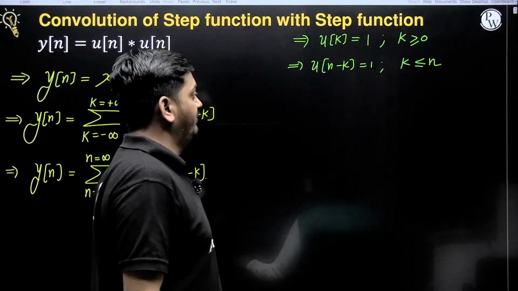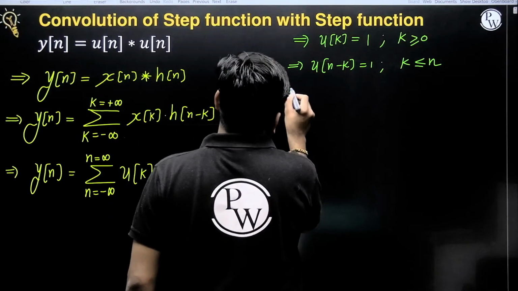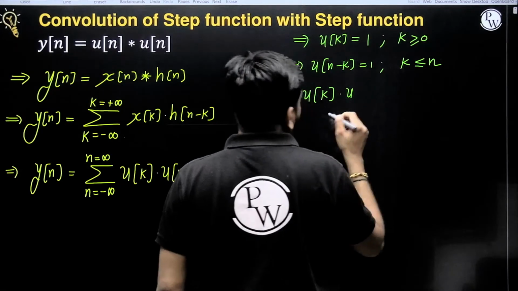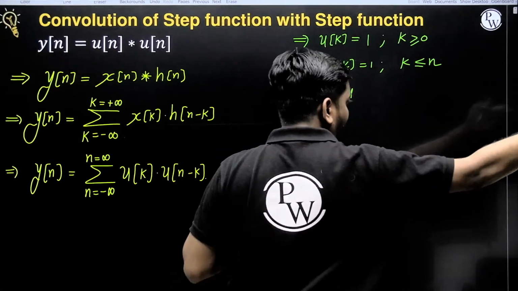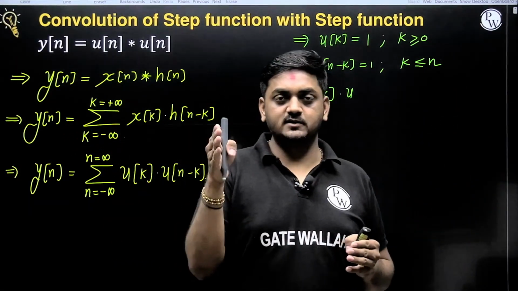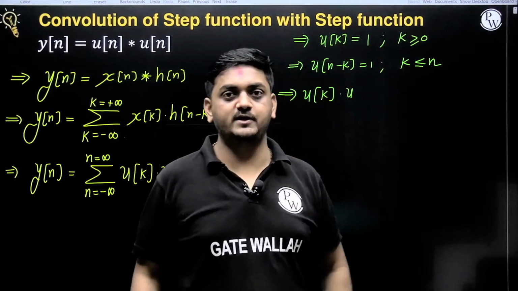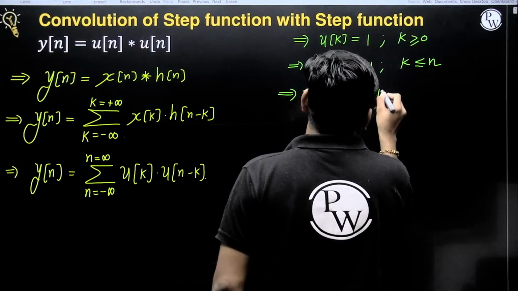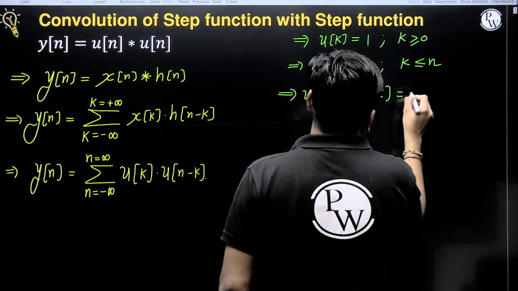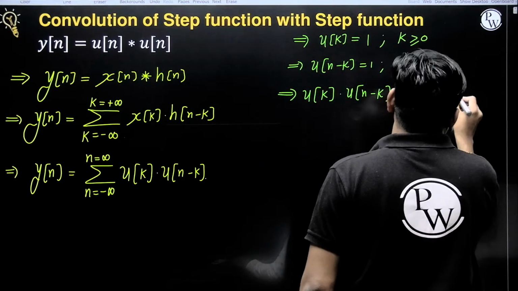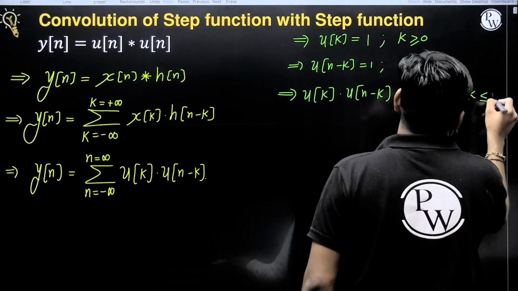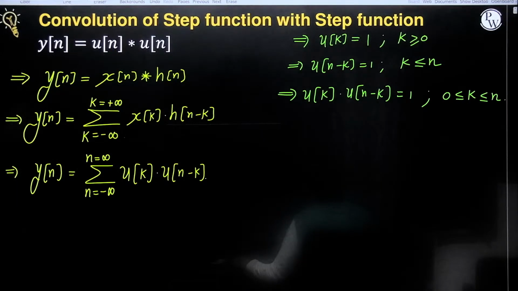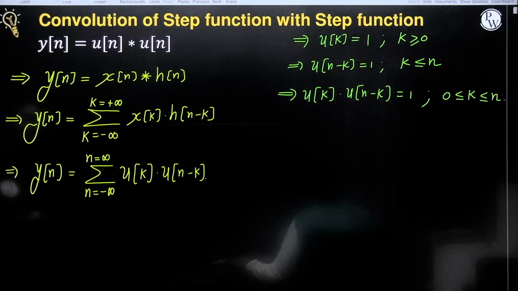So the product will be 1 for k greater than 0 and k less than n. Both are simultaneously 1, and the product will be 1 only when k lies between 0 and n. Otherwise it is 0.